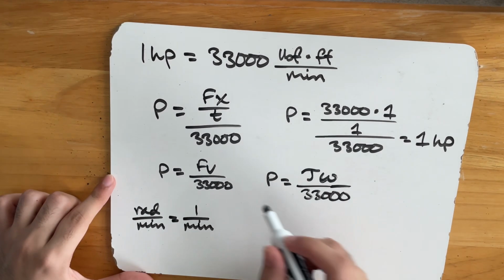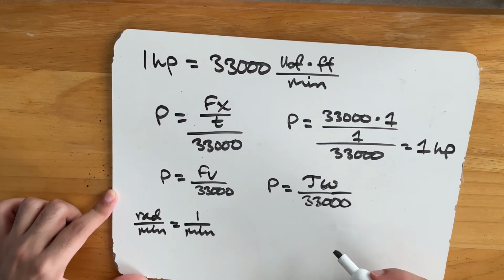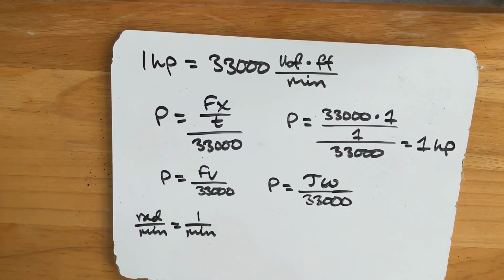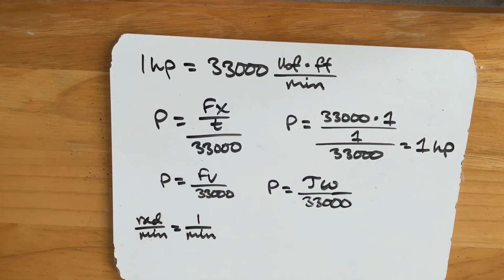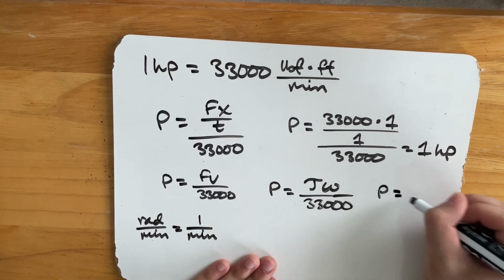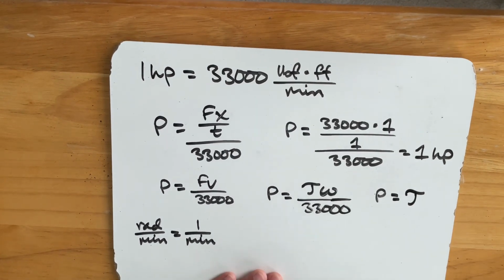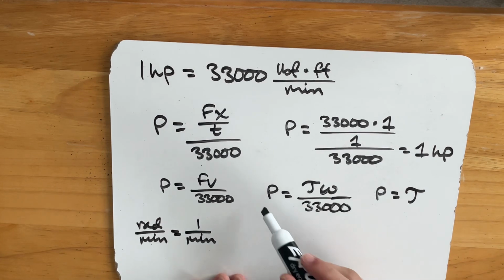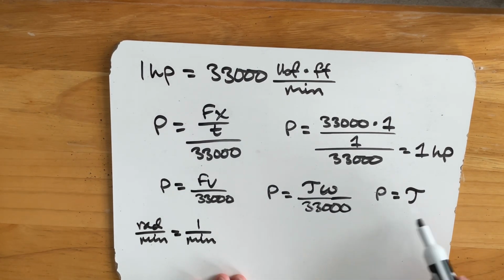So we have our equation for power in terms of rotational quantities, things that actually show up on a dyno chart, like torque and angular velocity. Now I want to find the magic angular velocity, not RPM yet, for which power is equal to torque. So if power is equal to torque, I'm going to replace power with tau.